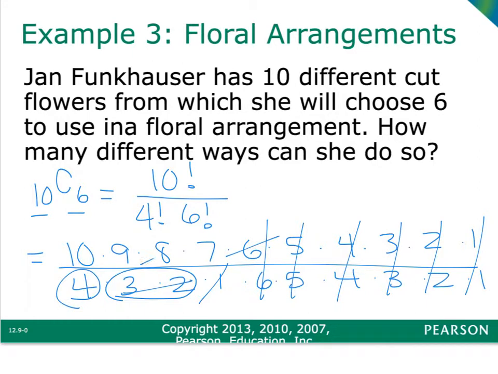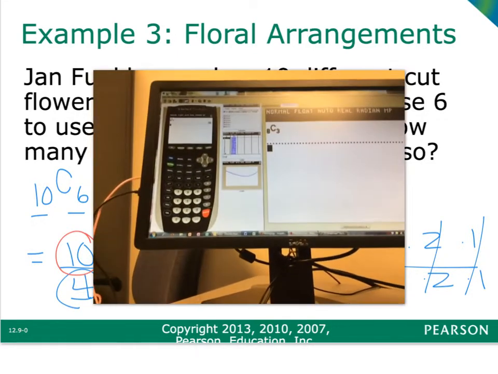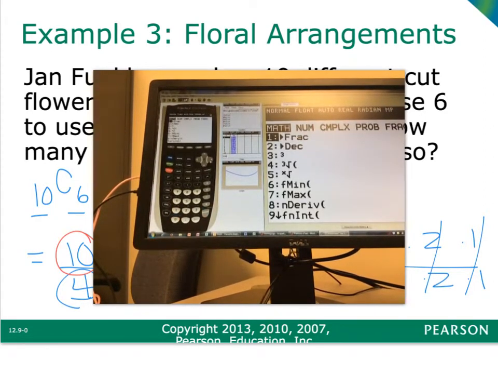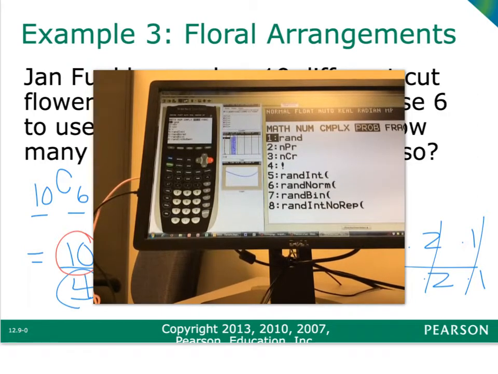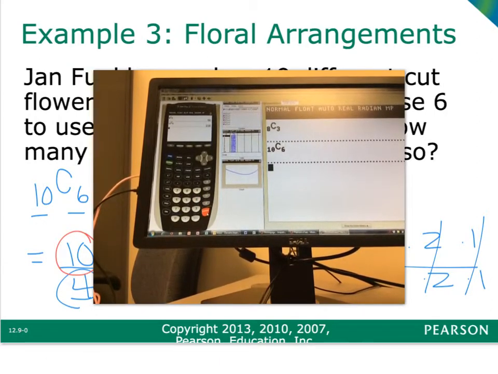And 4 can go into 8 2 times. So by hand, you would take 10 times 9 times 2 times 7, which would give you 210. If you are doing this with your calculator, you simply first type in the 10, math, over to probability, down to option number 3, combination, and you are selecting 6 of the 10 flowers, and you'll also get 210.